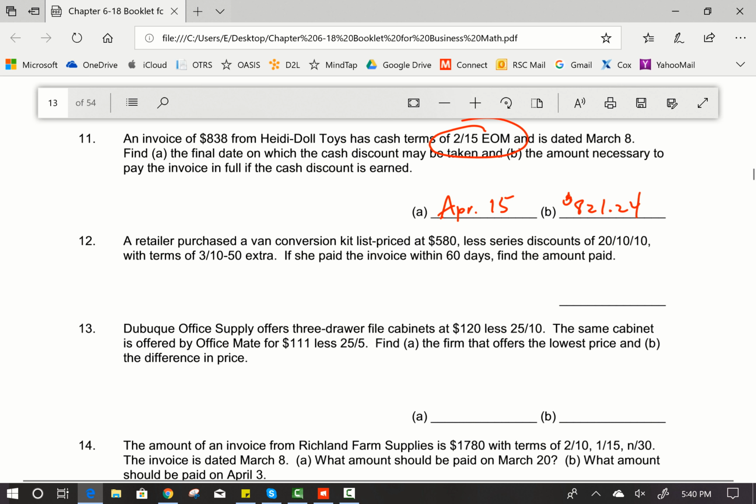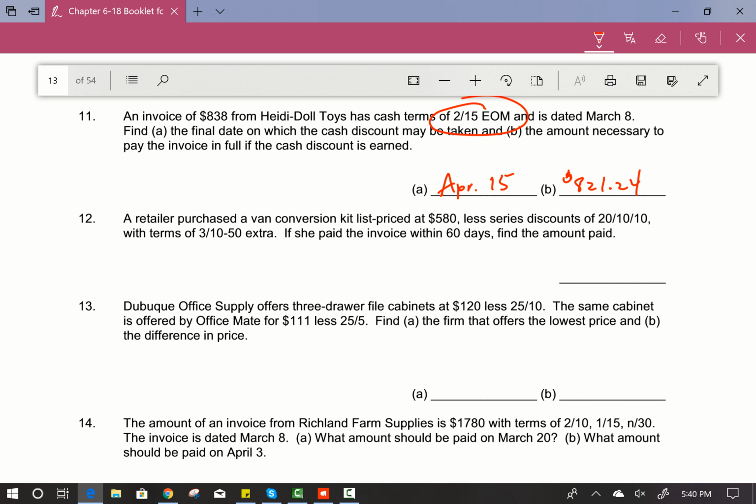The complements of 20, 10, and 10 is 0.8 times 0.9 times 0.9. And that's going to give you a net cost equivalent of 0.648.